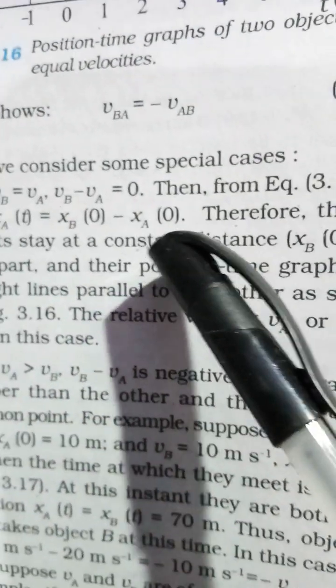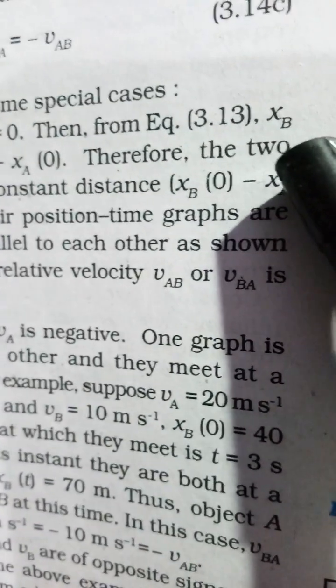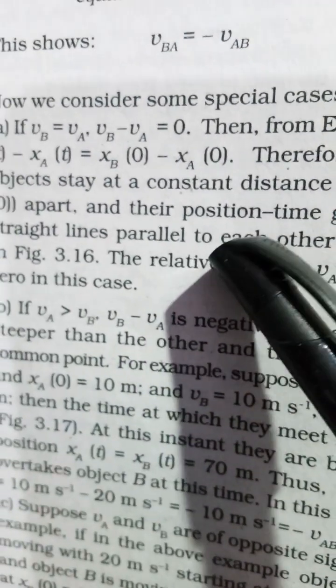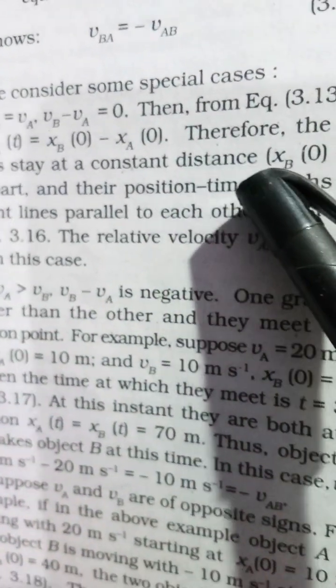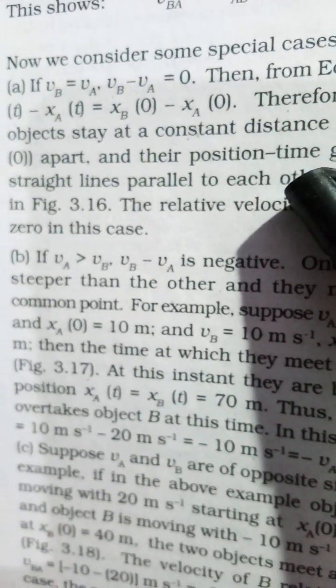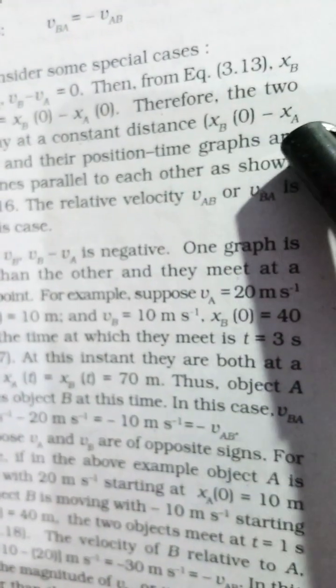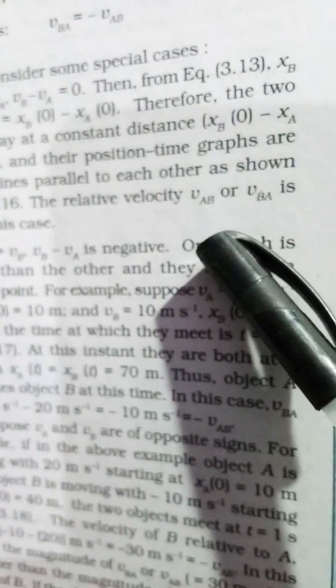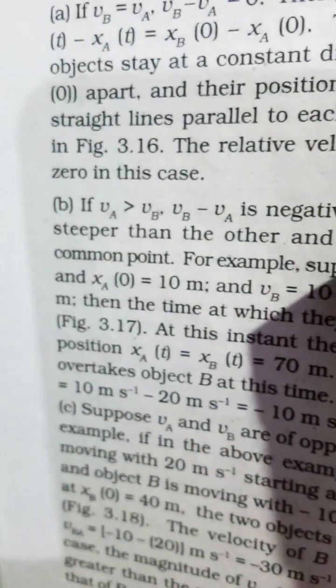VB is equal to VA and VB minus VA is equal to 0, then from equation 3.13, XB(t) minus XA(t) is equal to XB0 minus XA0, and therefore the two objects stay at a constant distance XB0 minus XA0 apart, and their position-time graphs are straight lines parallel to each other as shown in figure 3.16.